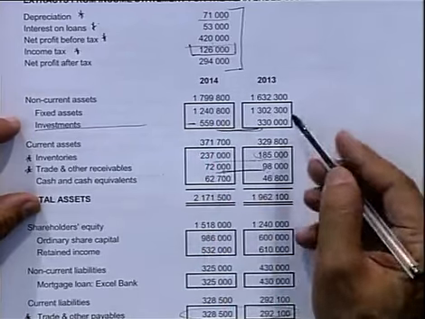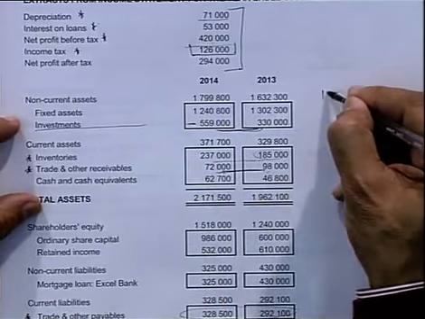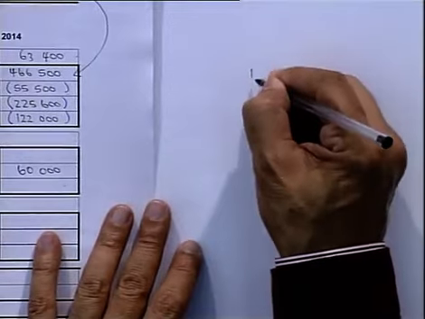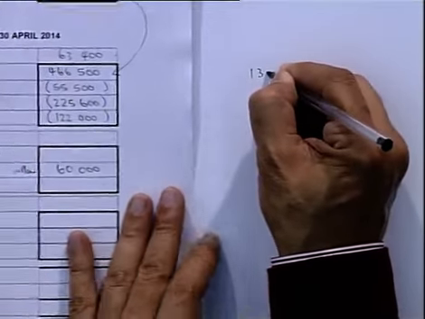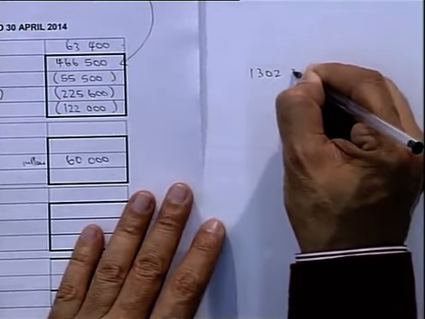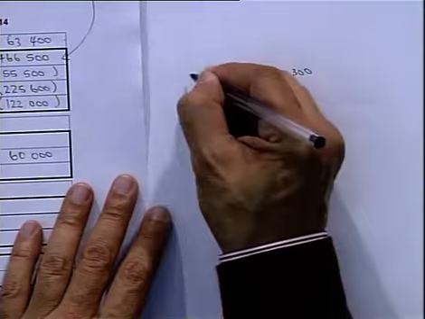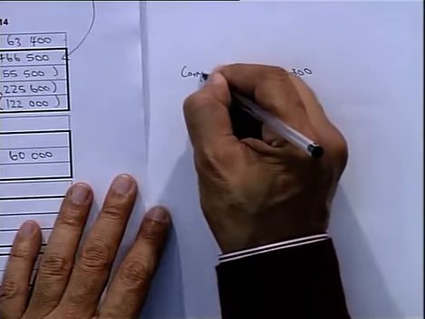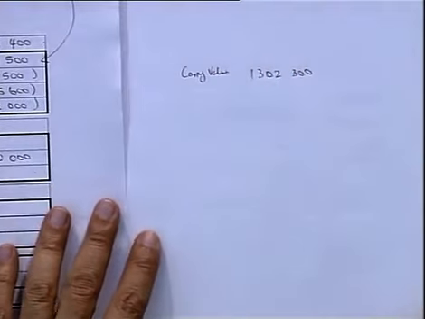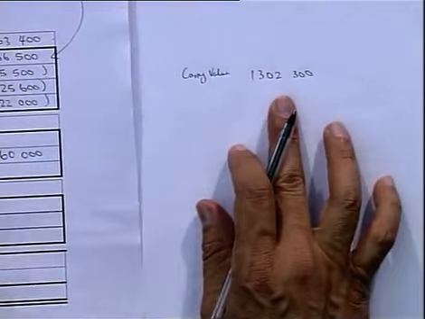Okay. So what happened was I'm starting with 1,302,300. Right? That's my carrying value at the beginning of the year. 1,302,300.